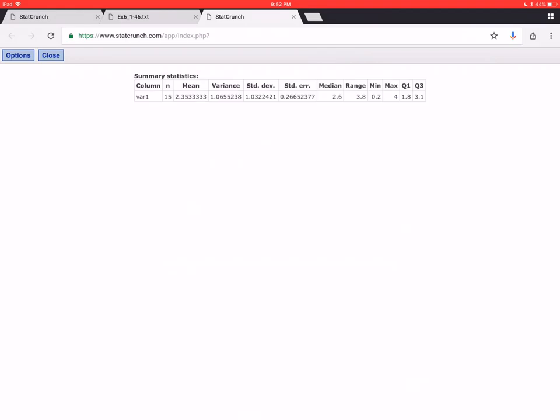And notice part of the default calculations are both mean and standard deviation. So I've already got the mean, but I could pull it from here as well, 2.35. Standard deviation, move over a couple of spots, and it does default to sample, is 1.03.